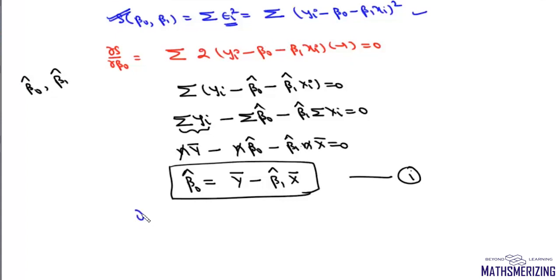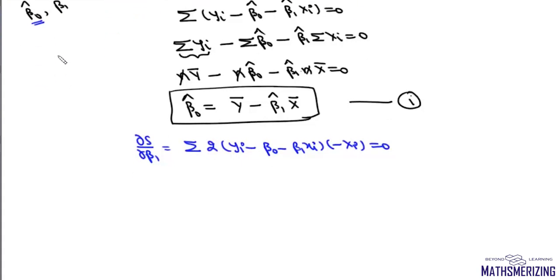So we can write del S upon del beta 1 will be this summation, and then again first we'll differentiate this power, will be 2 times yi minus beta naught minus beta 1 xi into derivative of minus beta 1 xi will be minus xi, and it will be equal to 0, and our parameters are beta naught cap and beta 1 cap.